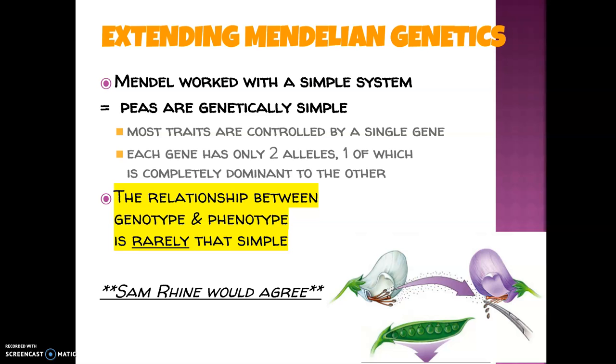For example, I have brown eyes, and that's by that one single gene of eye color. But each gene only has 2 alleles, one of which is completely dominant to the other. So I got one of those alleles from my mom, one from my dad, and those are each dominant to the other.